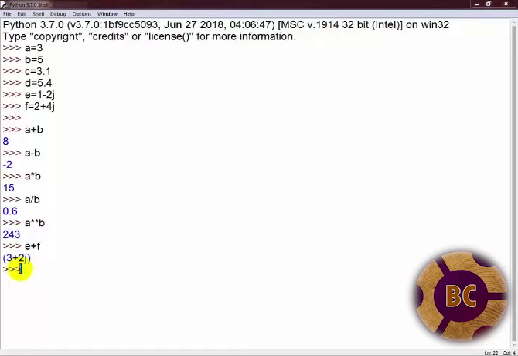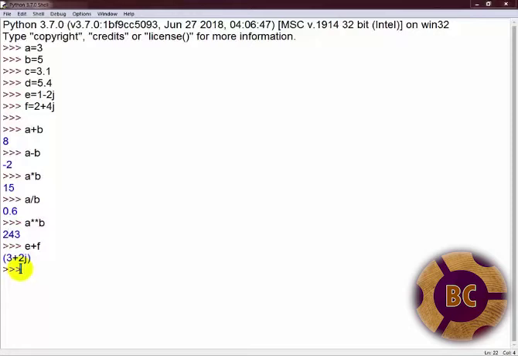Now let's talk about operations that can be applied only on floating point numbers and integers. There are two operations that can be applied only on integers or floating point numbers, which are modulo and div. Sorry, let's talk about div first. Div, the sign in Python is double slash.